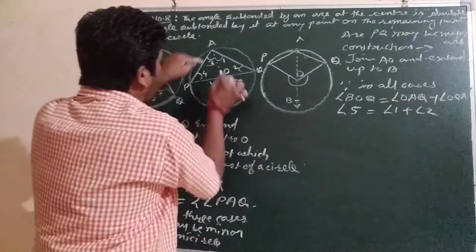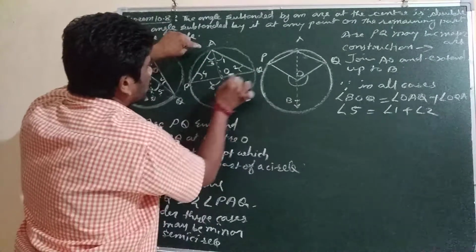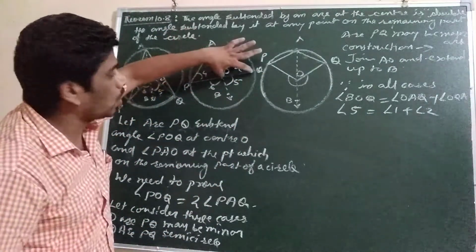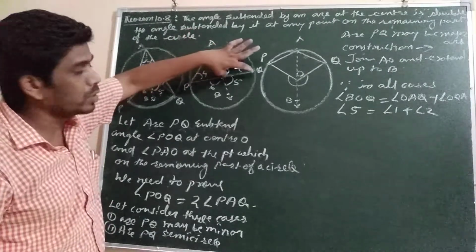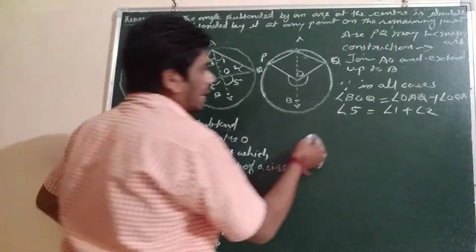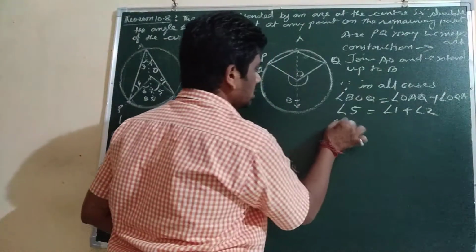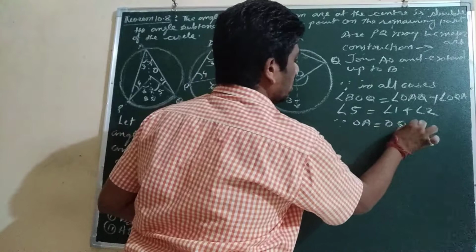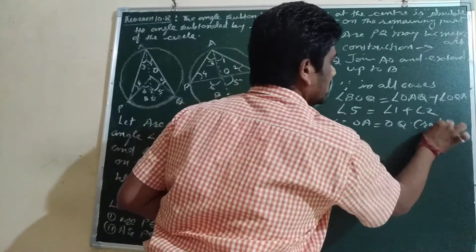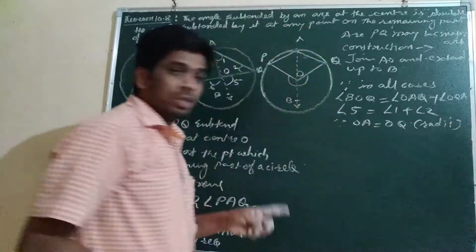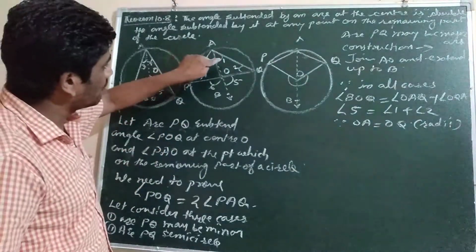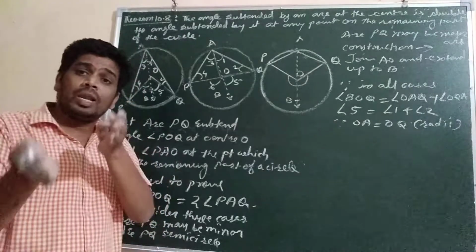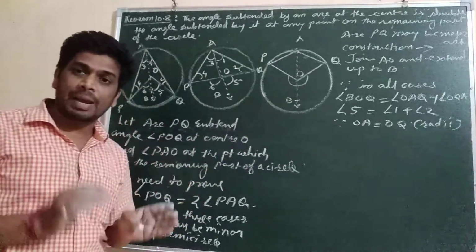Okay, now if you take this triangle, this will be an isosceles triangle. Why? Because OA is equal to OQ. This is radii. So we will write here: since OA equal to OQ, that is radii, angle 1 will be equal to angle 2 by the isosceles theorem, which we will learn in the triangle chapter.